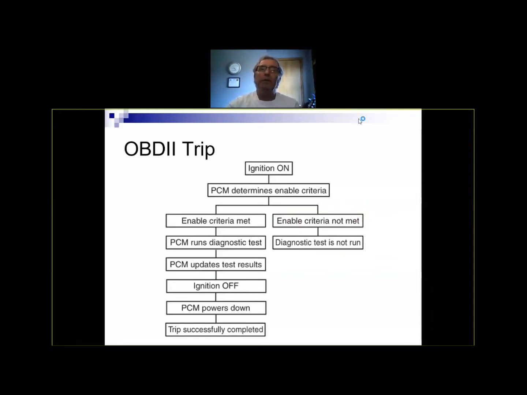But going down the other side, if we meet the enable criteria, the PCM runs the test, the results are updated, and we shut down and we say we have successfully completed an OBD2 trip. Doesn't mean all the monitors ran, it means one particular monitor ran.